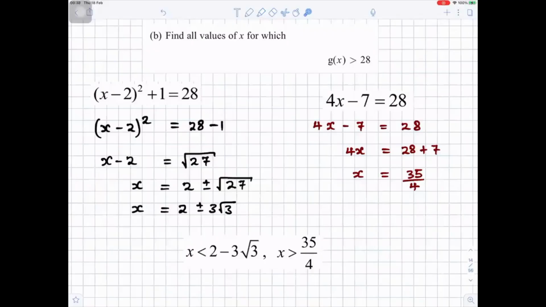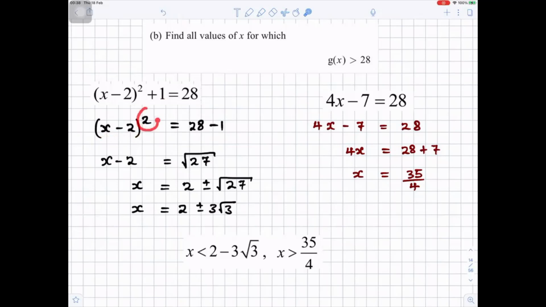Find all the values of x for which g of x is bigger than 28. So let's start to solve (x minus 2) all squared plus 1 equals 28. And we'll also solve 4x minus 7 equals 28. We take plus 1 to the right, it becomes minus 1, so 28 minus 1. We are left with (x minus 2) squared.